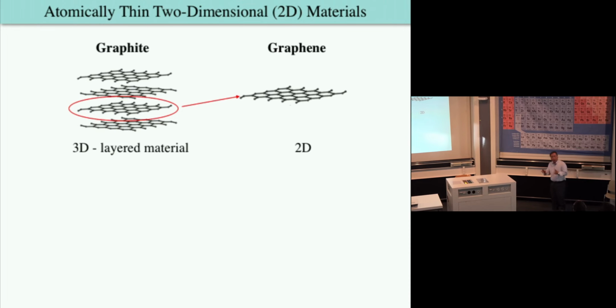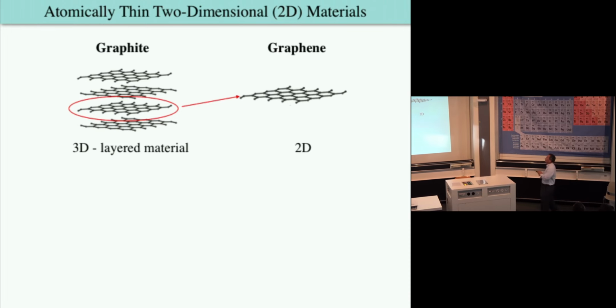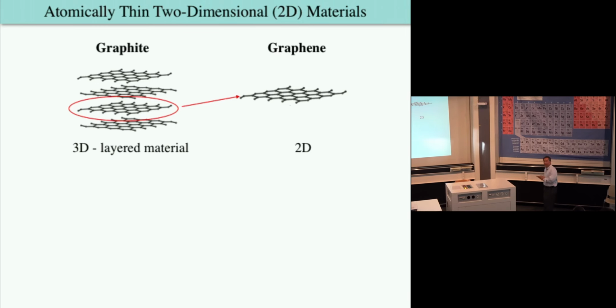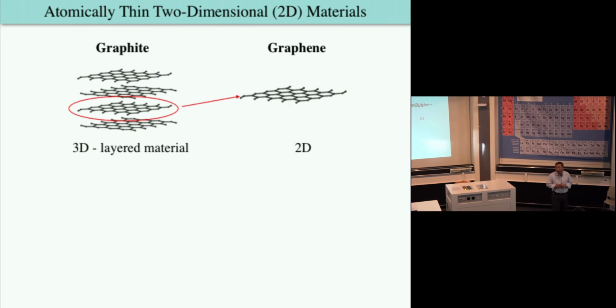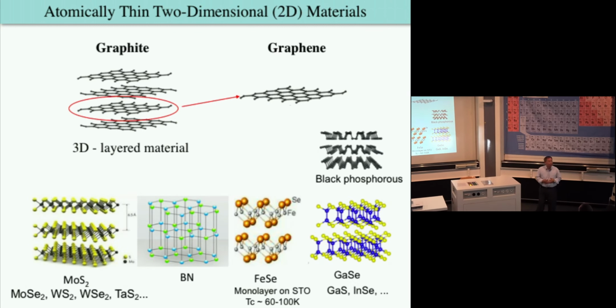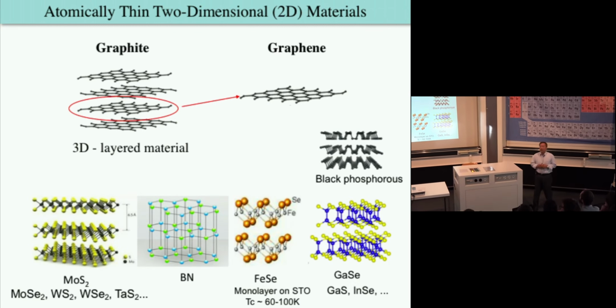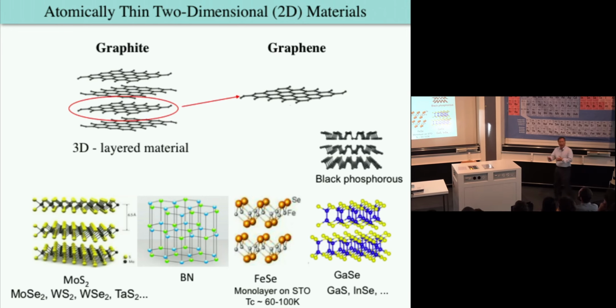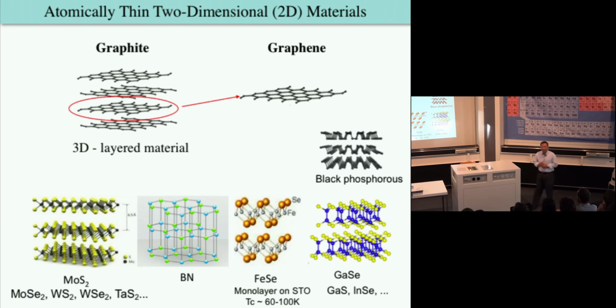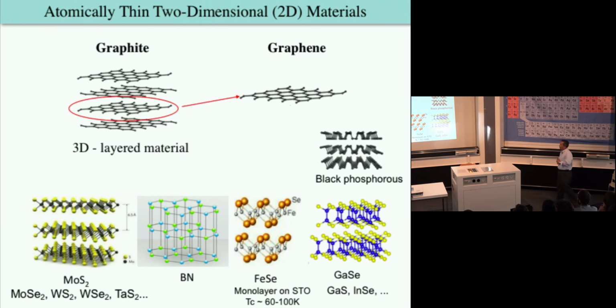As you probably all know, there has been a lot of interest in atomically thin 2D materials. One of the most well-known examples is graphene, which is just a single layer of graphite. Then, of course, there are many other layered materials from which you could make atomically thin one-layer or multi-layer samples. And many of the important works, in fact, are being done here at EPFL.